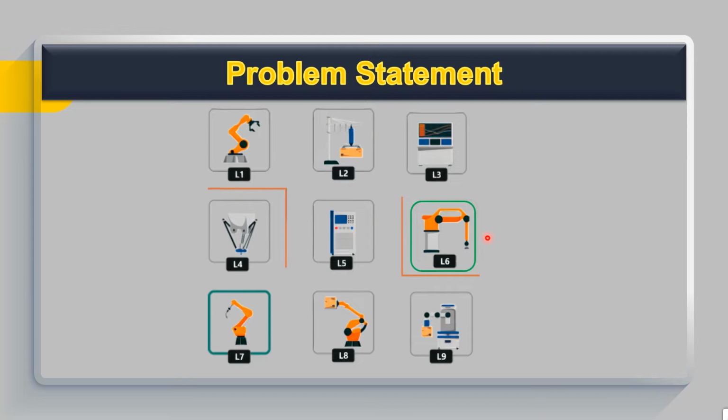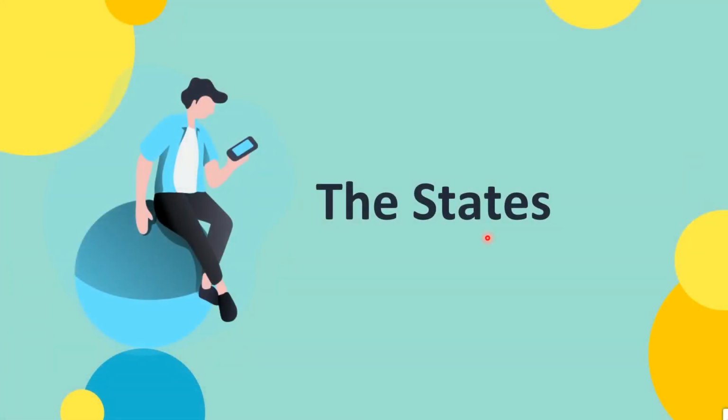Now the agents in this case are robots. The environment is the automobile factory warehouse. So let's talk about the states. The states are the location in which a particular robot is at a particular instance of time, which will denote its state.